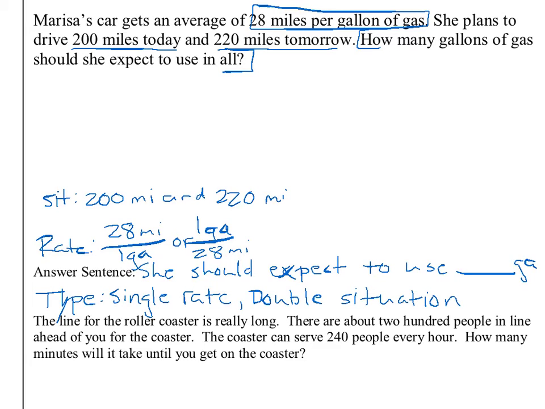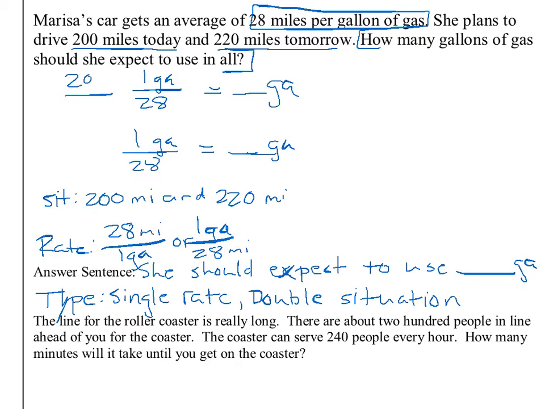It doesn't really matter. I'm actually going to do this problem both ways so you can see that it works both ways. So I'm going to first set it up as two rates, blank gallons and blank gallons. And let's see, I need gallons on top, so it's 1 gallon over 28, and 1 gallon over 28.